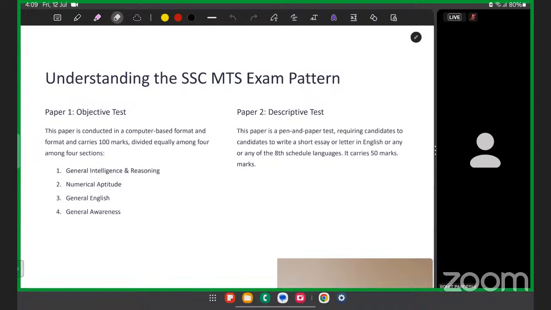MTS is not so difficult an exam when we compare the level of the questions and other parameters with CGL. So here again we have 100 questions, each carrying one mark, and 100 marks in total. The problem with MTS for people not clearing this exam is that the cutoff is very high.